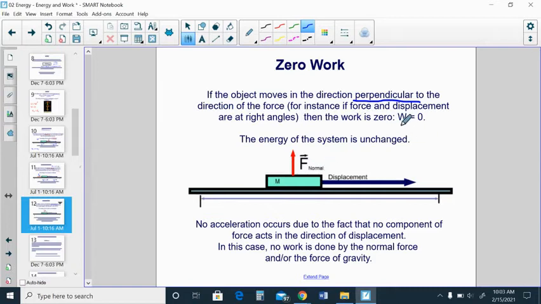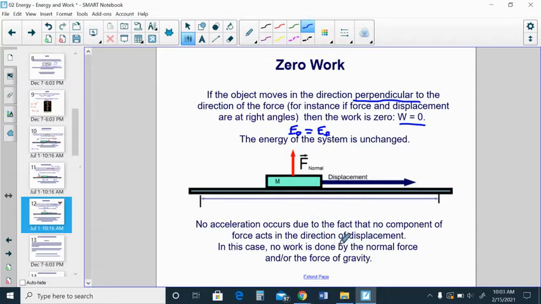So there is zero work happening in this example. So the energy of the system in this case is unchanged. The initial will be equal to the final. So no acceleration occurs due to the fact that no component of force acts in the direction of displacement.